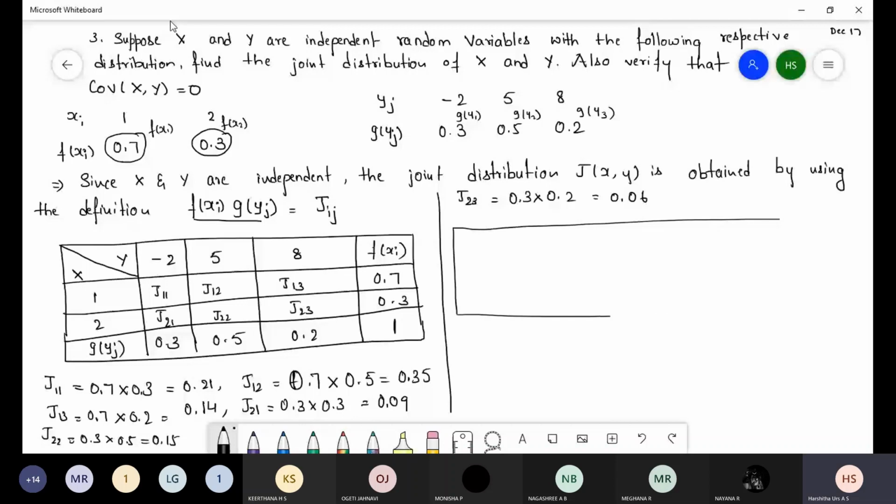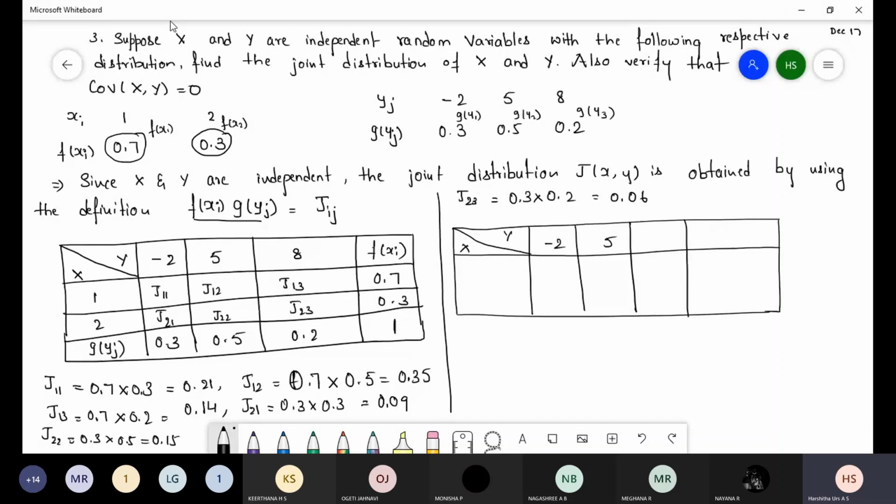Y, again here x, minus 2, 5, 8, last column f of xi. So here I write 1, J11 is 0.21, J12 is 0.35, J13 is 0.14. When you add all these three terms, we have to get 0.7.